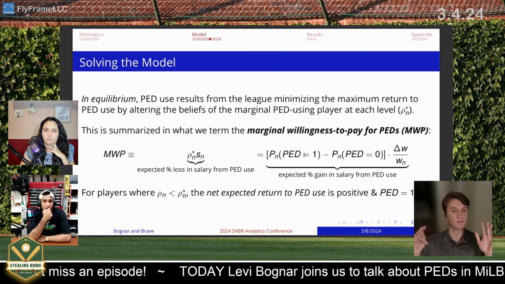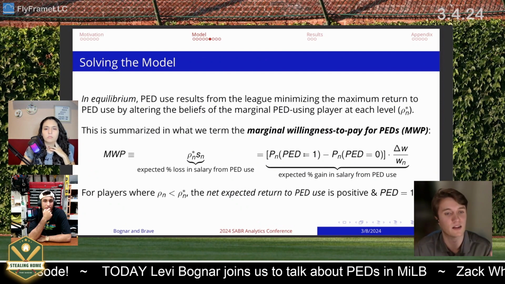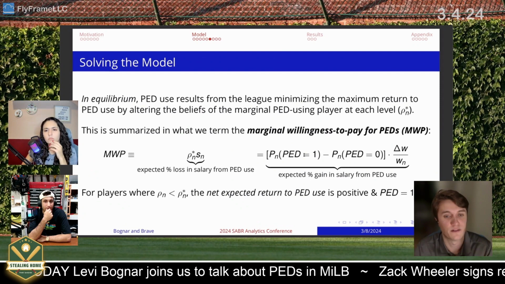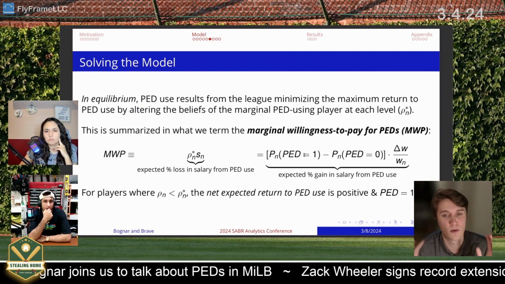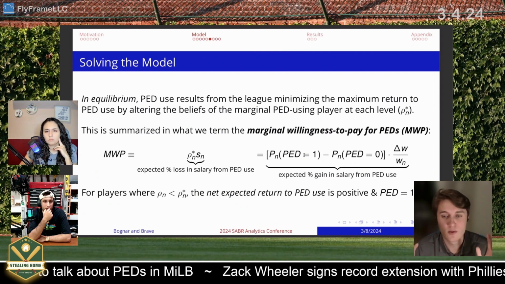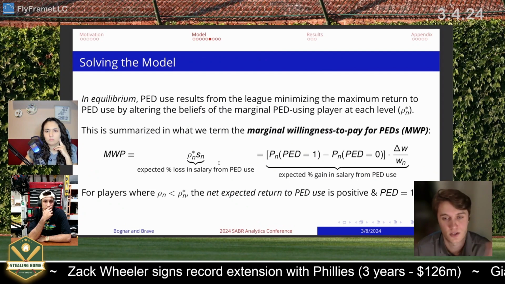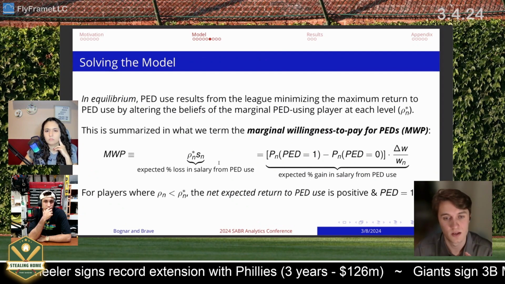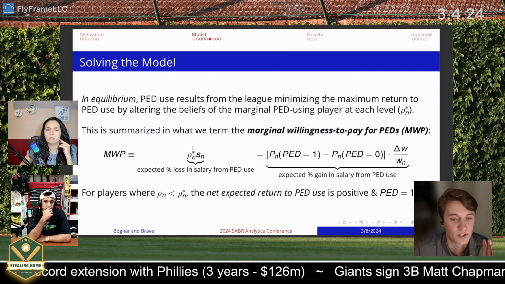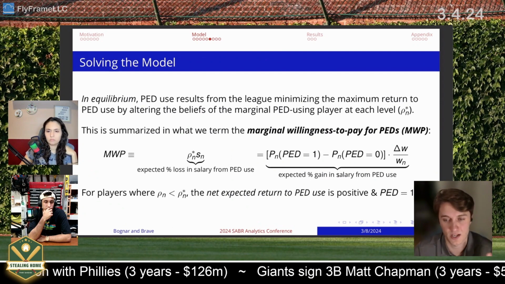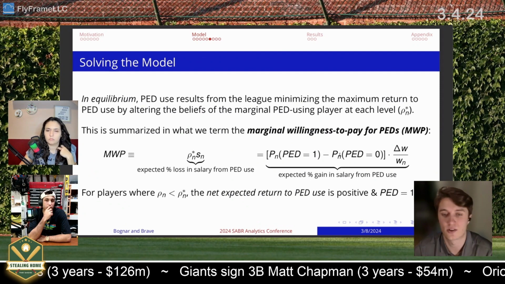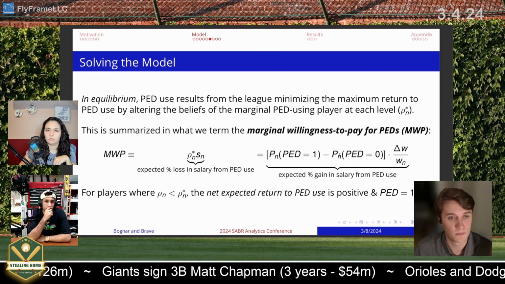Now, what does this mean? This is highlighting the costs and benefits to PED use for the marginal PED using player. The marginal PED using player is the player who is completely indifferent to utilizing PEDs, right? Because their expected percentage loss is equal to their expected percentage gain in salary from PED use, so they don't care if they use PEDs or not.